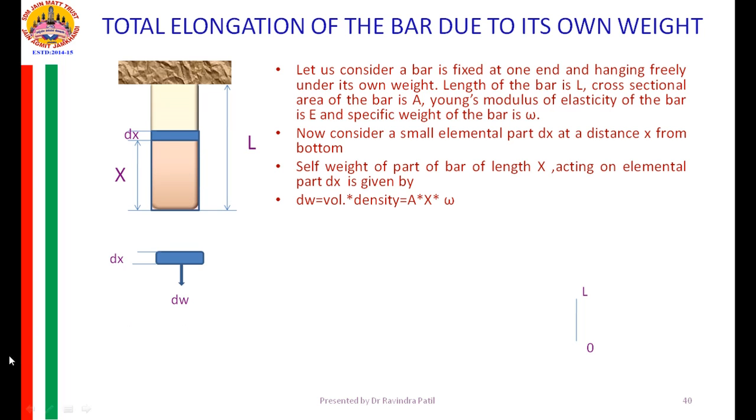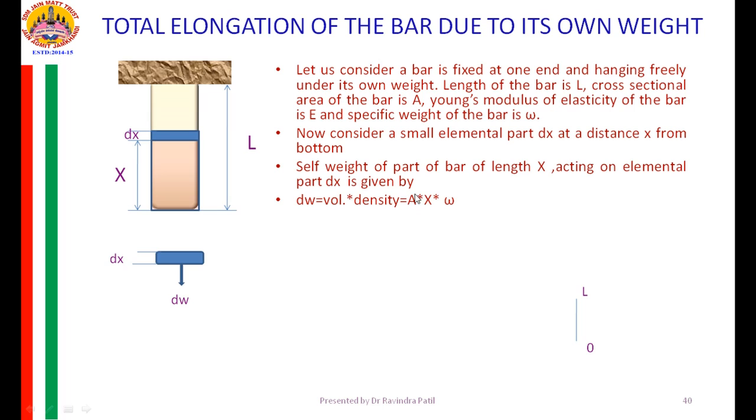Now what is the value of dW? That is nothing but the volume of this part multiplied by the density, which will give us the weight, which is indirectly the force. So dW is equal to volume multiplied by density.